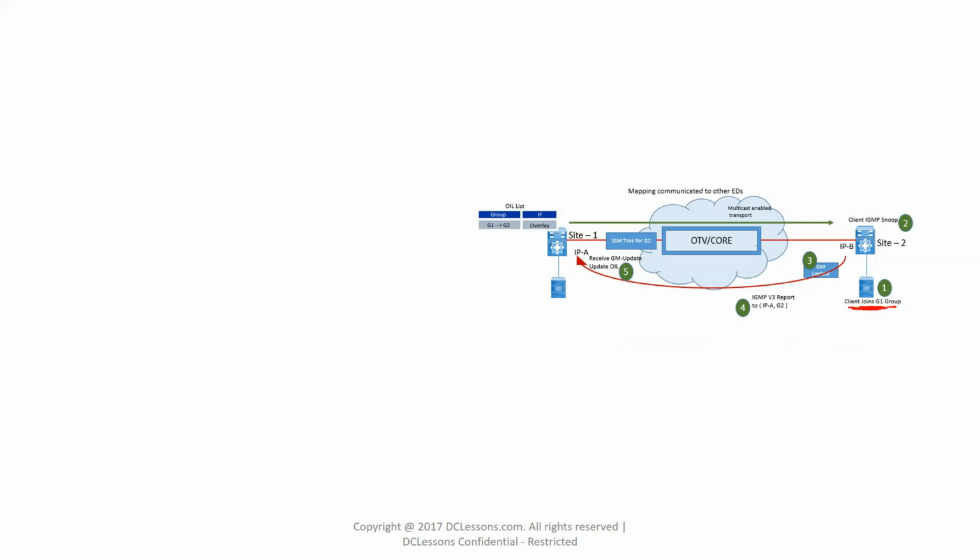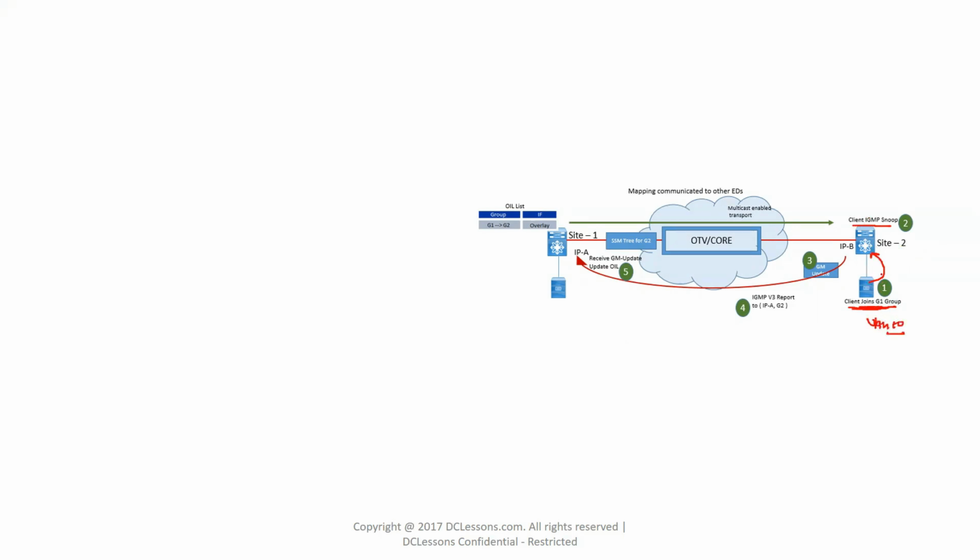So this client at site 2 joins the G1 group. Once the client joins the G1 group, the OTV device at site 2 snoops the IGMP message. It will snoop the IGMP join message and note that there is an active receiver interested in the group G1 stream belonging to VLAN X. Let's suppose it is VLAN 10, right?